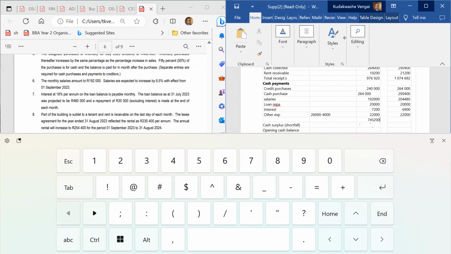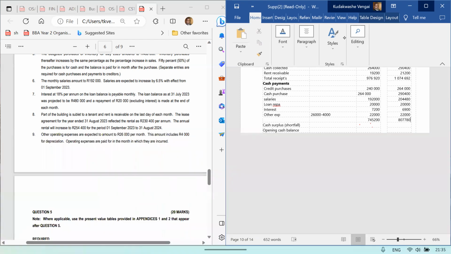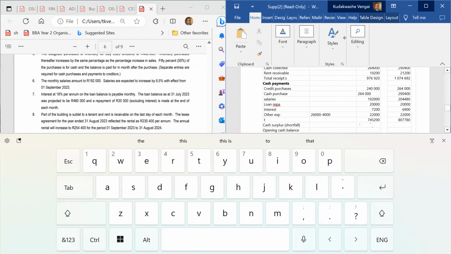That gives us 807,780. Right. So those are our total expenses, total payments.